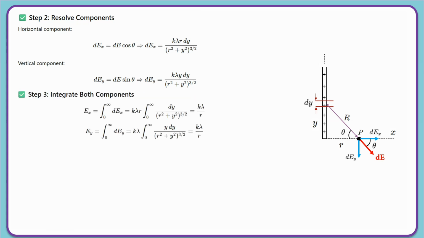Now we integrate both components from y equals 0 to positive infinity. After evaluating the first integral, we obtain Ex equals k lambda divided by r. The second integral gives the same result, so Ey also equals k lambda divided by r.